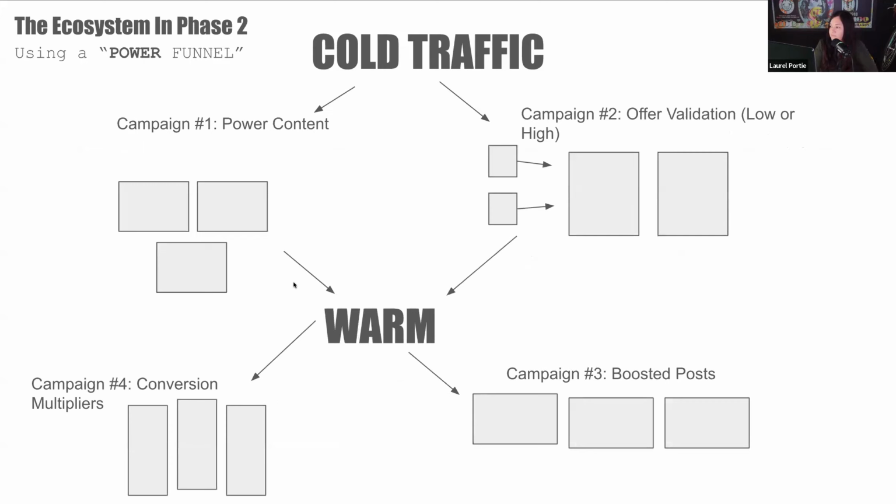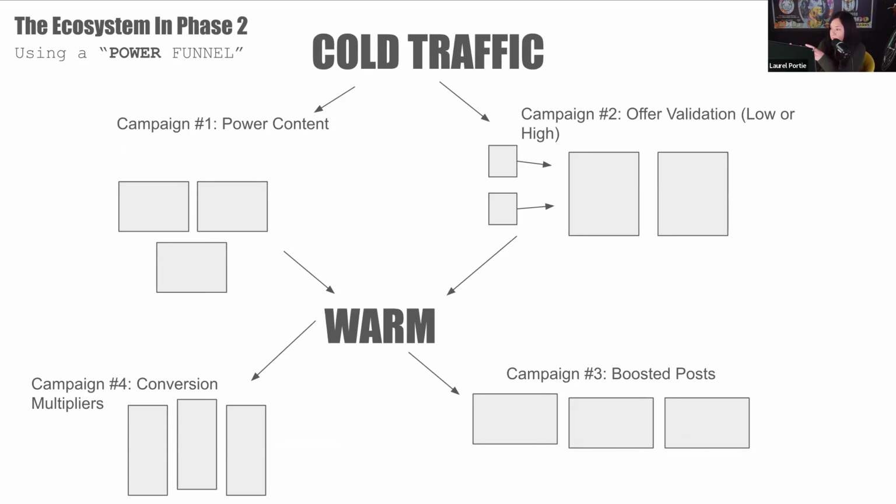Phase 2 is going to utilize a power funnel. Now, the only reason why I call it a power funnel is because we're literally using something that Joel Irway coined a power offer, and we're sending people straight to an application, or we're sending people straight to a sales page, okay, in campaign number 2. So that's the only difference.